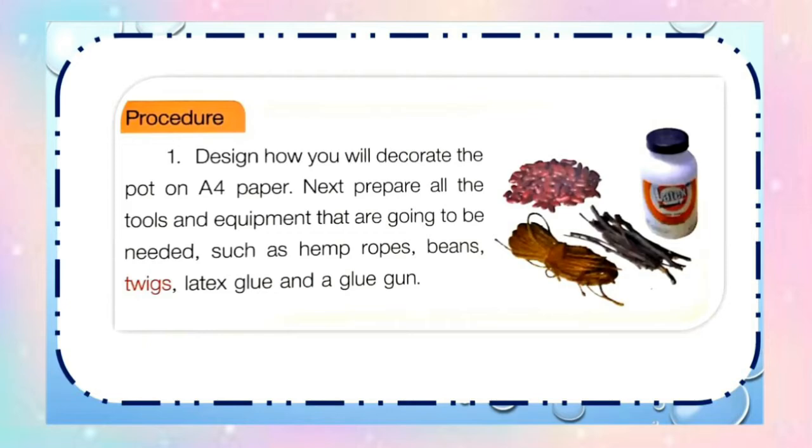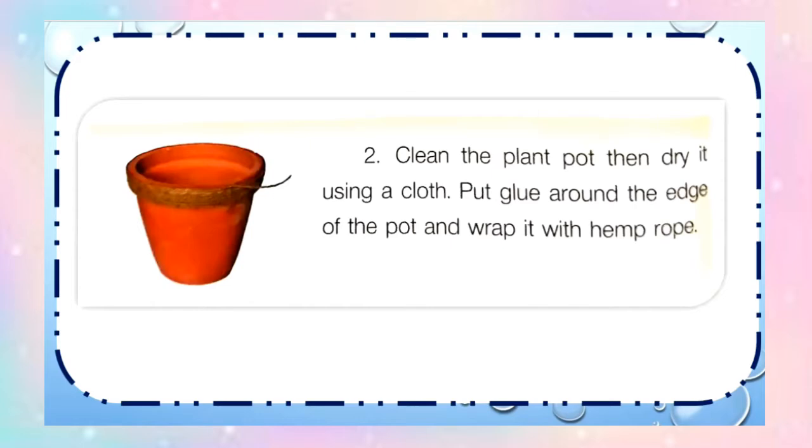It's up to you. Next, number 2, clean the plant pot, then dry it using a cloth. Put glue around the edge of the pot and wrap it with hemp rope. If you don't have hemp rope, you can use yarn that you have at home or anything that is available at home, okay?